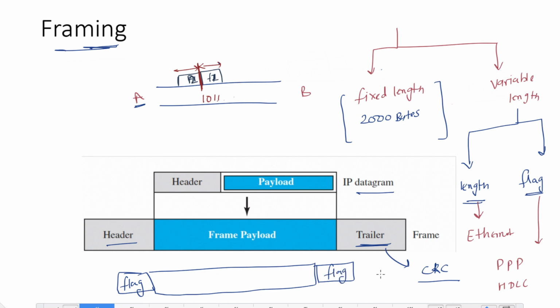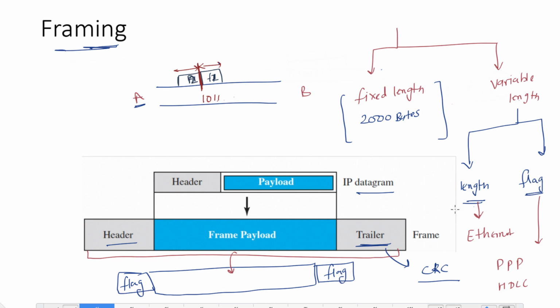So I will append two flags, one at the start and one at the end, and the whole frame will sit between these flags. So this is another method.